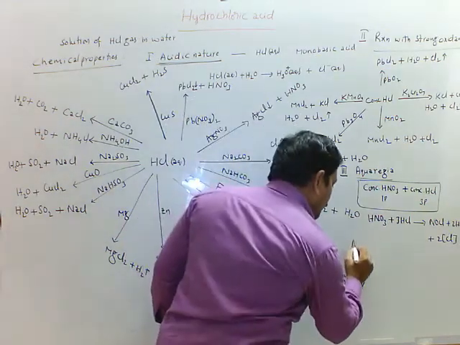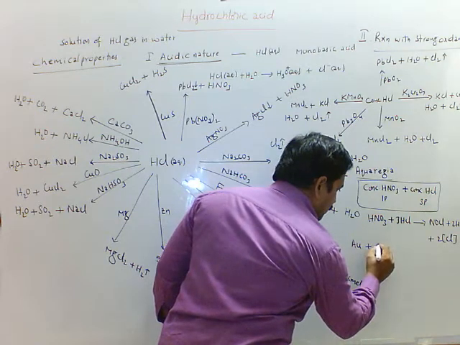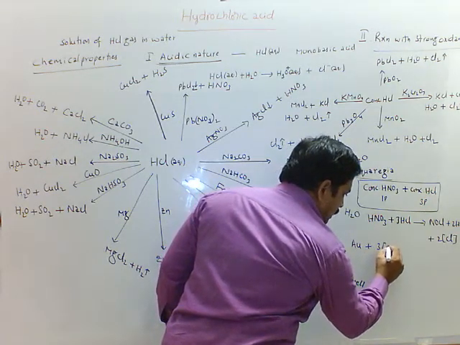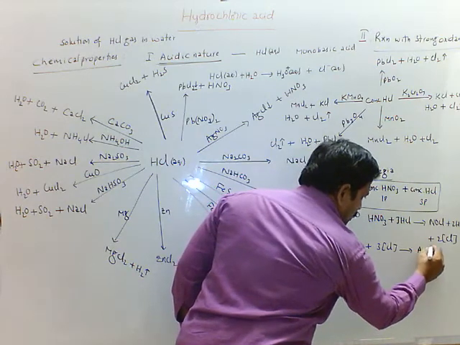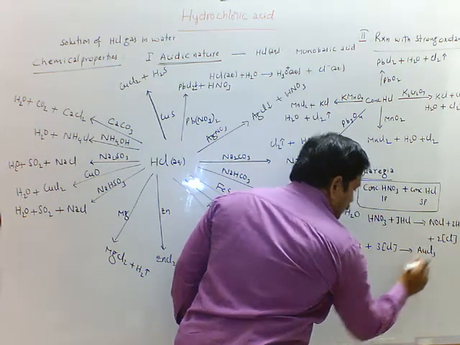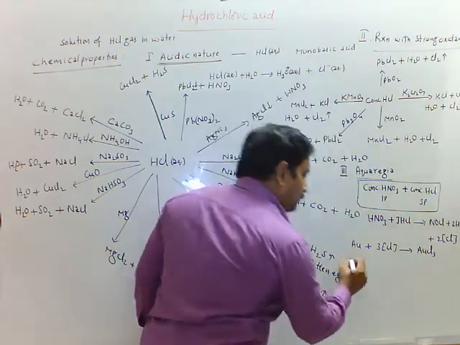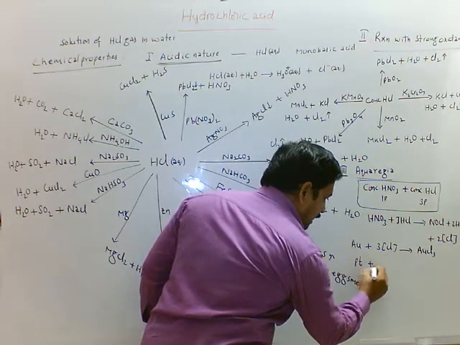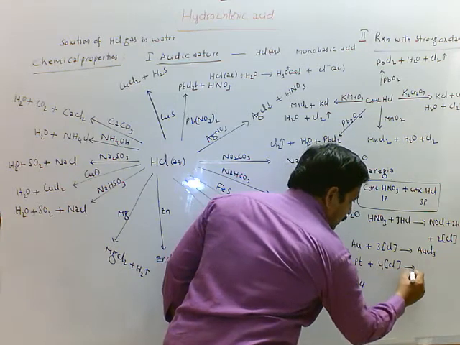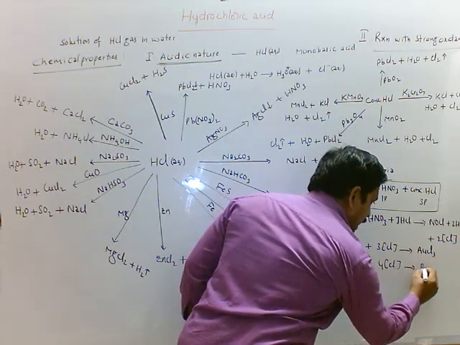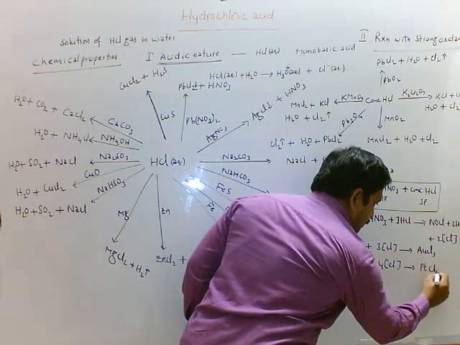Suppose we are taking gold, Au plus 3 moles of nascent chlorine gives AuCl3, auric chloride. Platinum I am taking, platinum plus 4Cl gives rise to platinum 4 chloride.